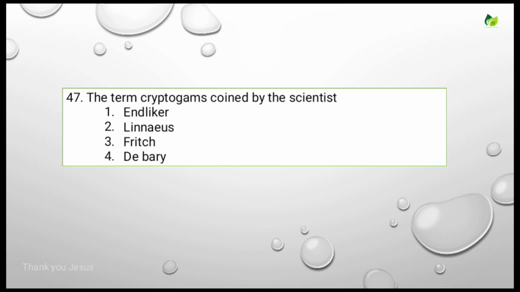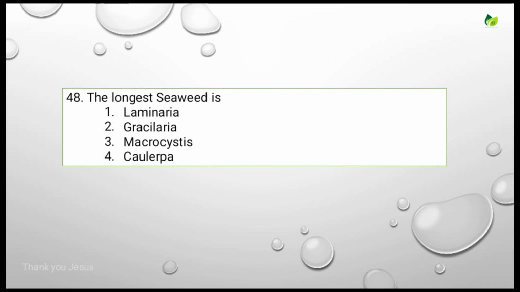The term cryptogams was coined by the scientist. Options are Endlicher, Linnaeus, Fritsch, De Bary. The correct answer is Linnaeus. Let's see the next question. The longest seaweed is. Options are Laminaria, Gracilaria, Macrocystis, Caulerpa. The correct answer is Macrocystis. Let's see the next question.